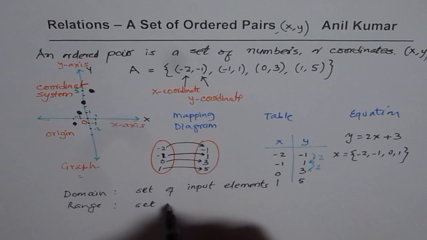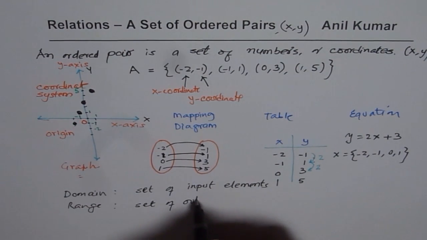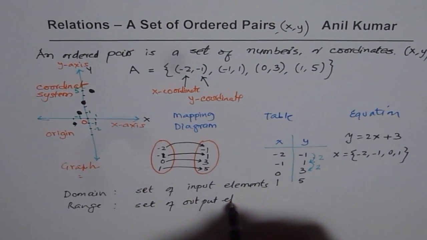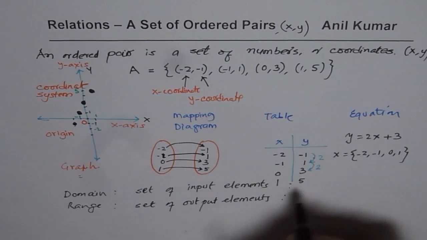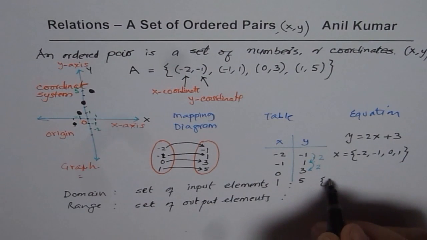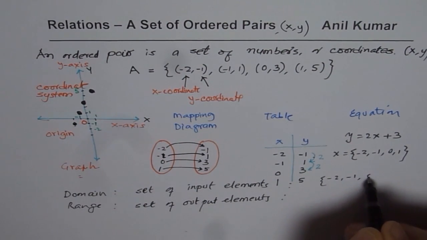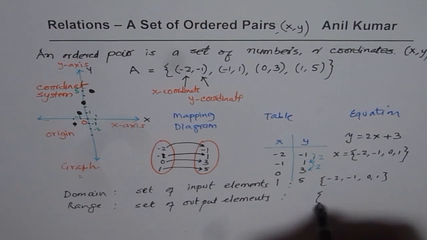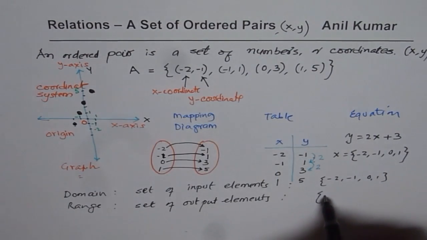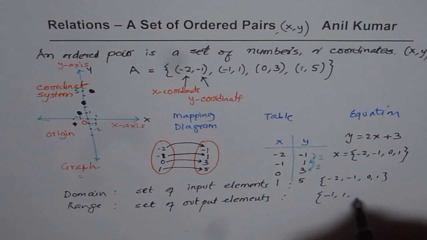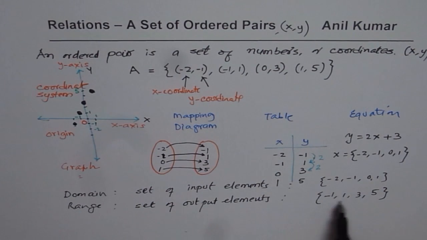So we could call this a set of output elements. So in our case, the domain for us is these values of x, minus 2, minus 1, 0 and 1, and the range for us is the outputs, the y coordinate points, which in our case is minus 1, 1, 3 and 5. And these curly brackets represent a set or group of.